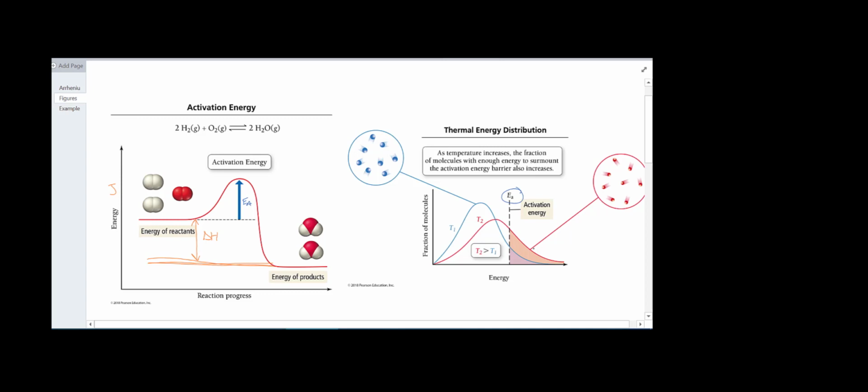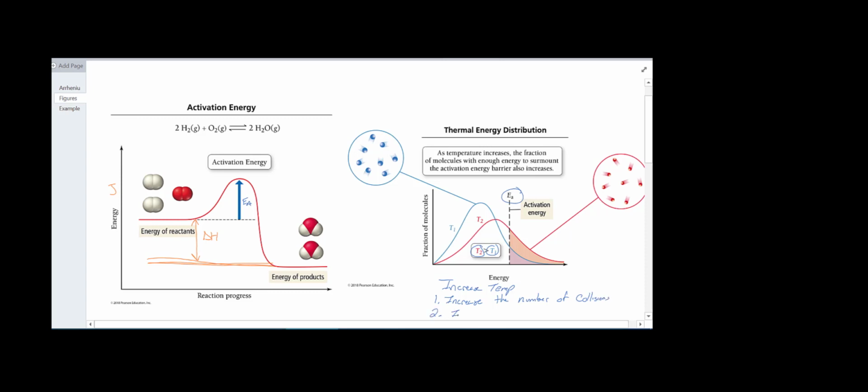All right. Now, when you look at this, the difference between T2 and T1, if I increase temperature, two things happen. One, we increase the number of collisions, which is good.